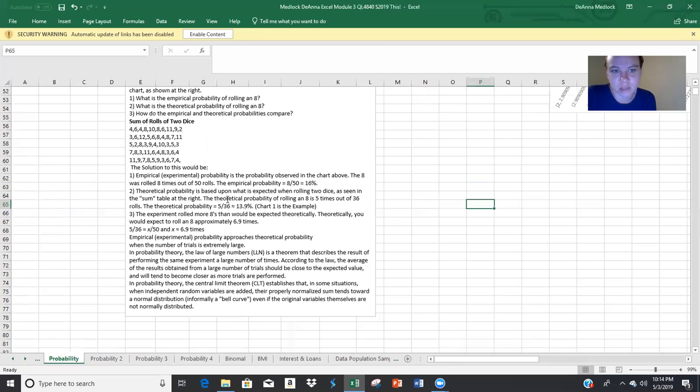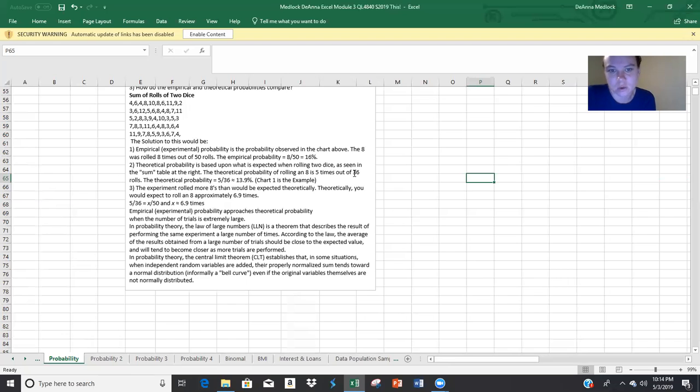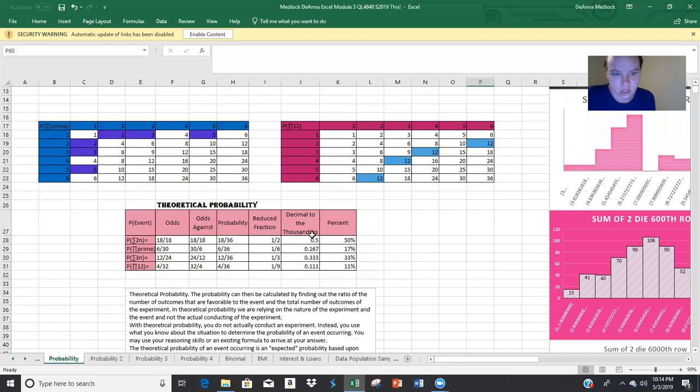Theoretical probability is based upon what is expected when rolling 2 dice, as seen in the sum table at the right. The theoretical probability of rolling an 8 is 5 times out of 36 rolls, so the theoretical probability would equal 5 out of 36, which would be 13.9%. And this chart right here is the example.